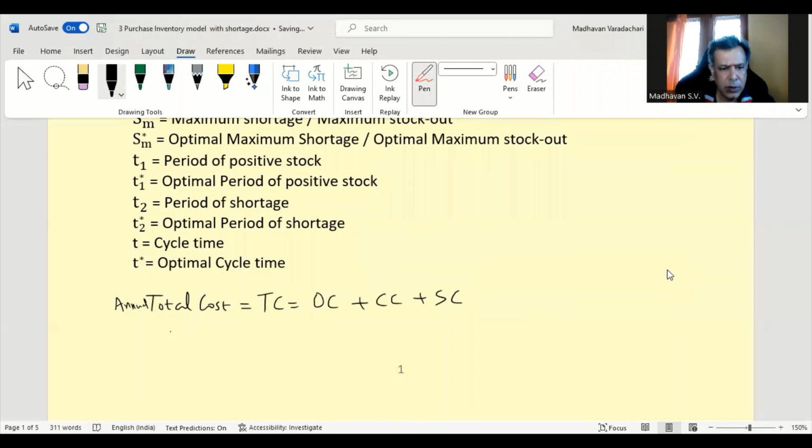So we can now rewrite TC starting with the ordering cost. Ordering cost can be calculated as the number of orders in a year multiplied by the ordering cost per order. The number of orders per year will be D divided by Q, and the ordering cost per order will be CO. Carrying cost: for calculating carrying cost, we first need to calculate the average inventory.